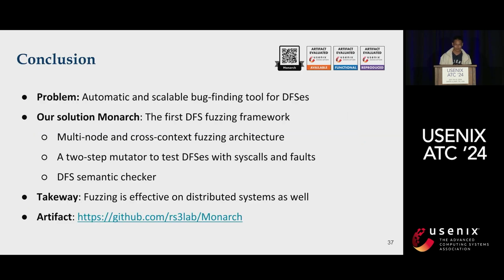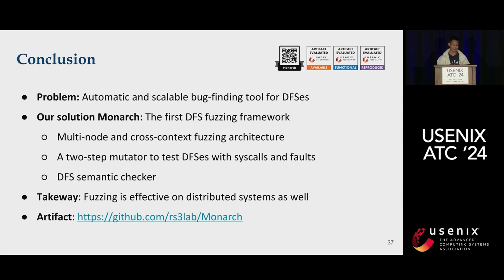So in conclusion, to test distributed file systems in an automatic and scalable fashion, we propose Monarch, a push-button fuzzing framework for distributed file systems, including a set of building blocks like a multiple-node and cross-context fuzzing architecture, and a 2-step mutator for testing file systems with syscalls and distributed faults.